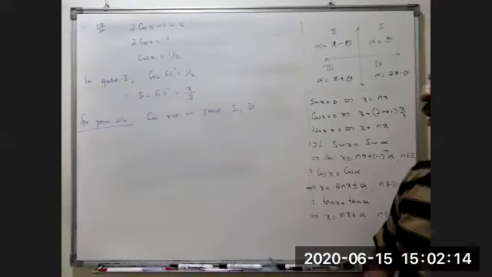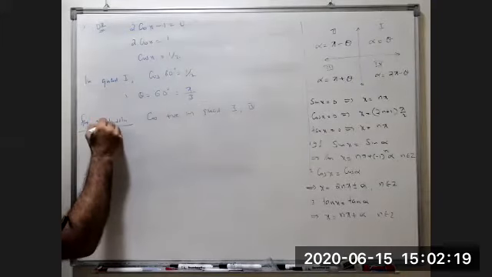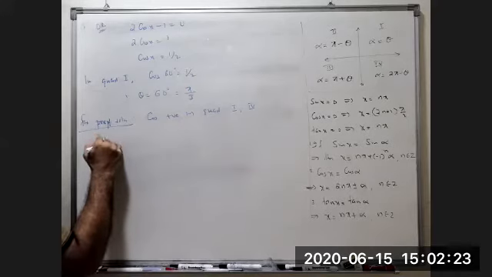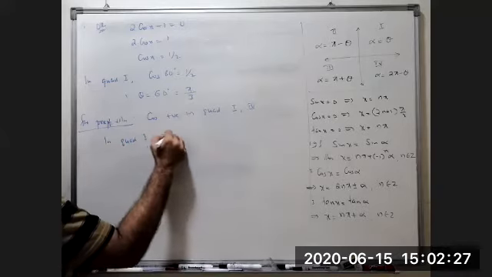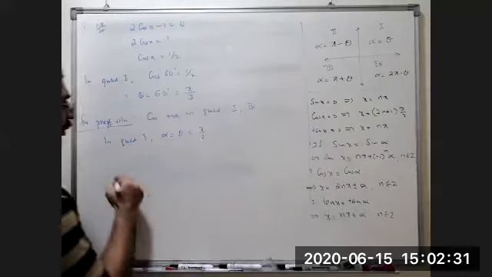For the principal solution, cos is positive in quadrant 1. So in quadrant 1, alpha is theta, that is pi by 3.